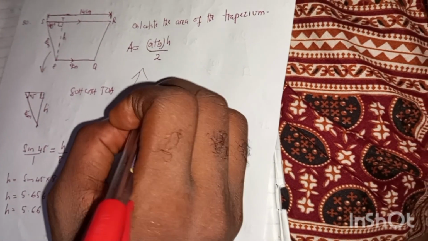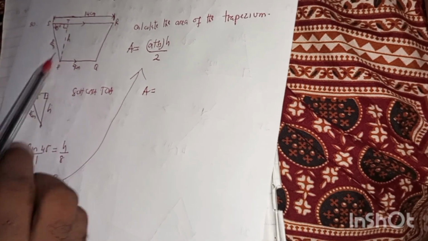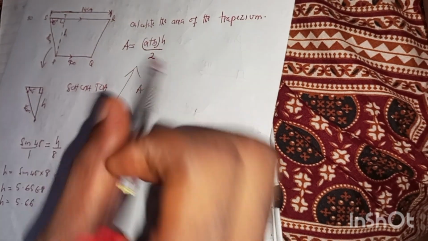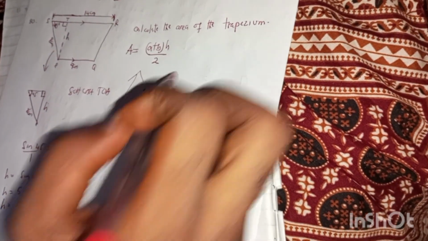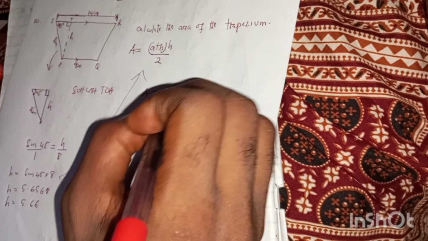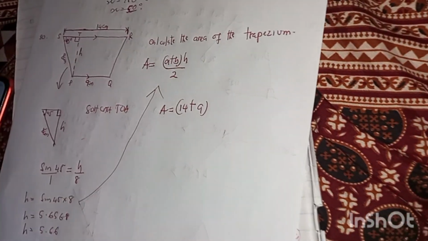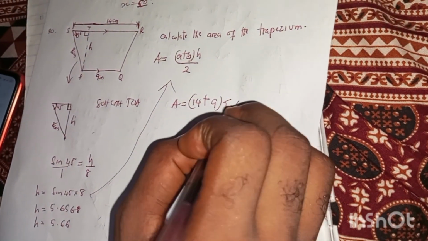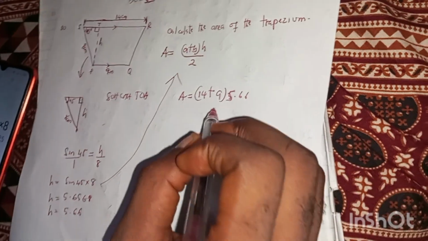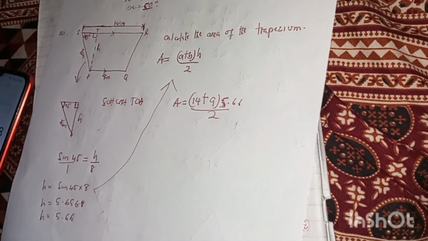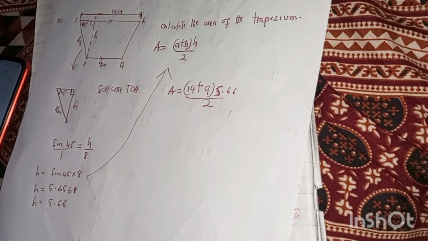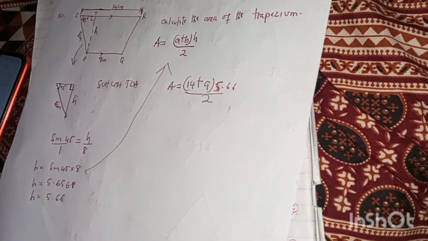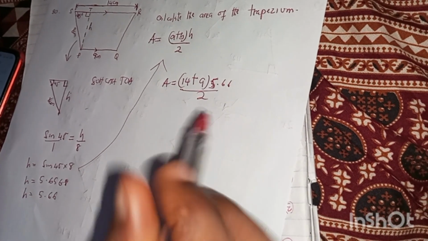And that's going to be A equals what? A plus b. I told you the a and b represent the opposite parallel sides. That's going to be 14 plus b, which is 9, times h, which is 5.66, all divided by 2. So I want to do the one inside the bracket first of all. 14 plus 9 is 23. 23 times 5.66 is 130.18.